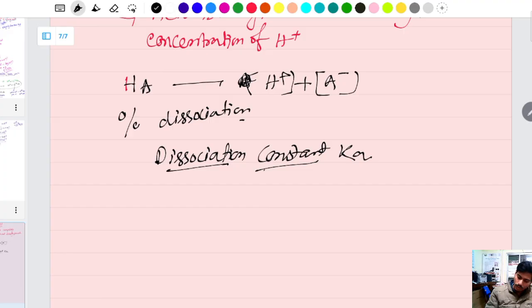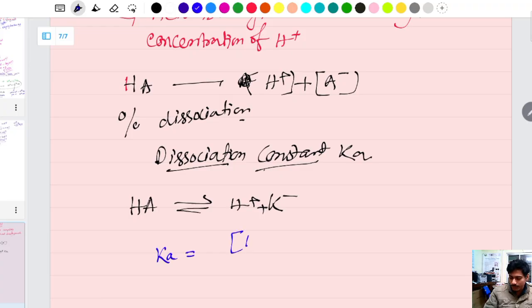Like if you talk about HA giving H plus plus A minus, then what will be the Ka? Ka will be the concentration of H plus ion times the concentration of A minus ion, divided by the concentration of HA.